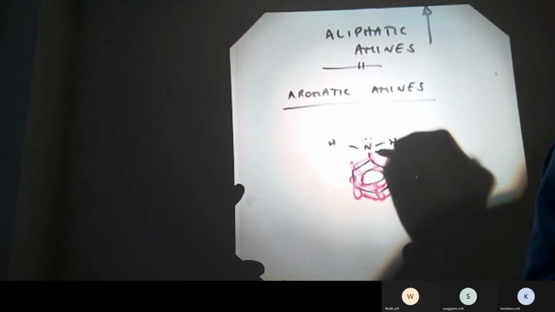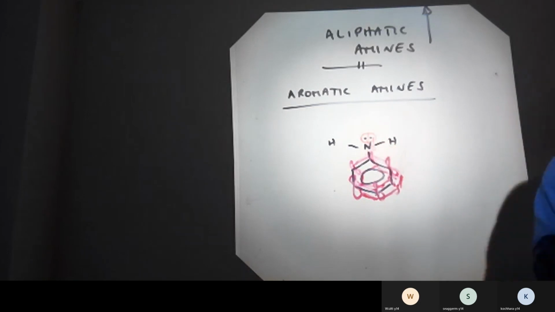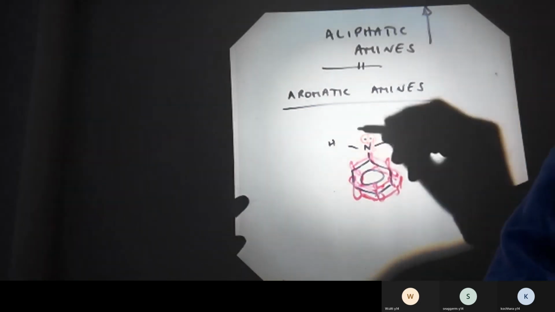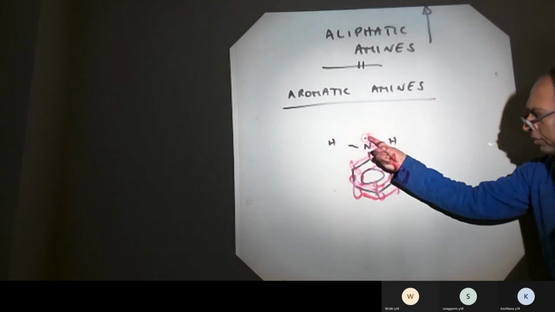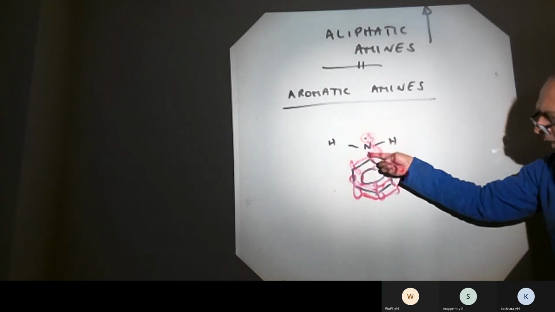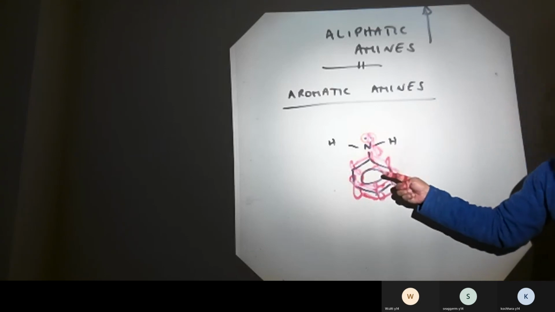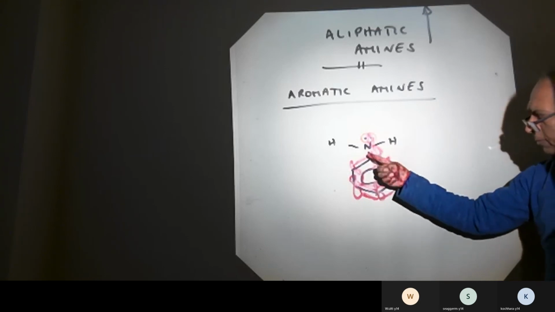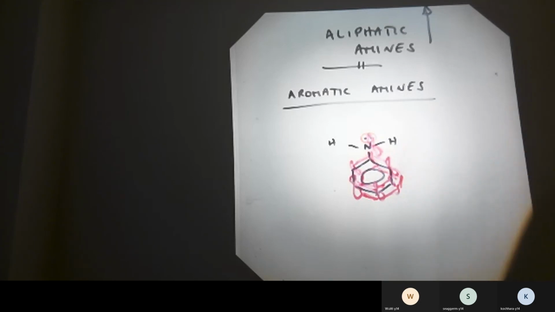And those can get incorporated. If I draw the p orbital like that again, the p orbital electrons can get incorporated into this delocalization that we've talked about in the past, so that the delocalization spreads.